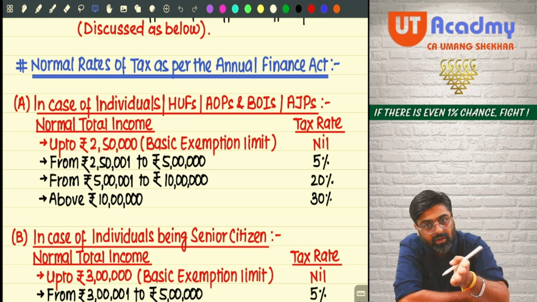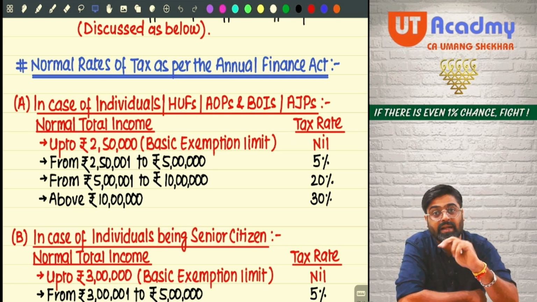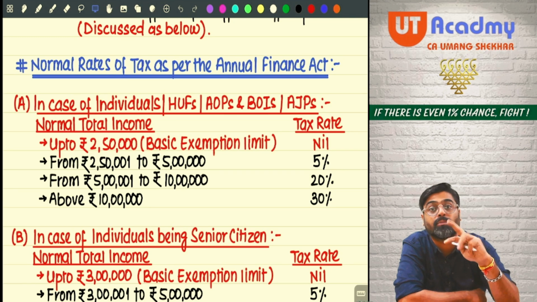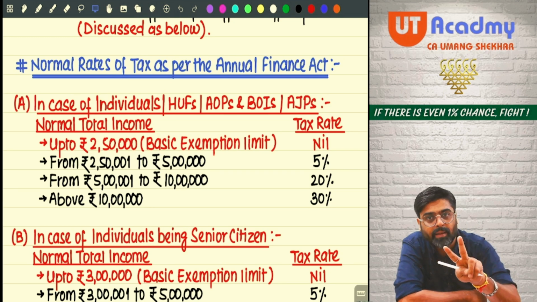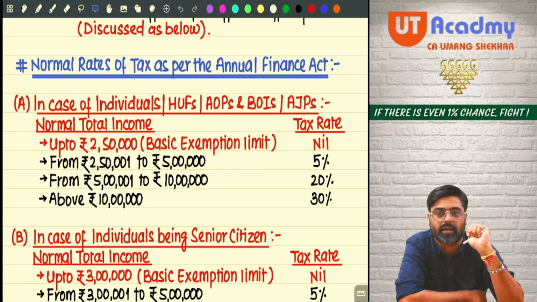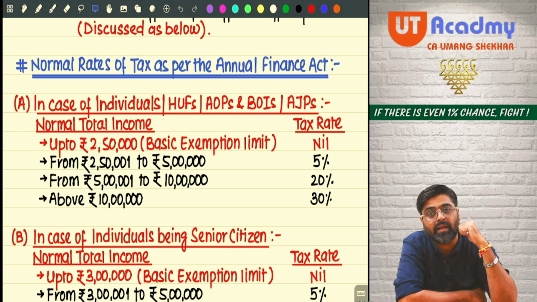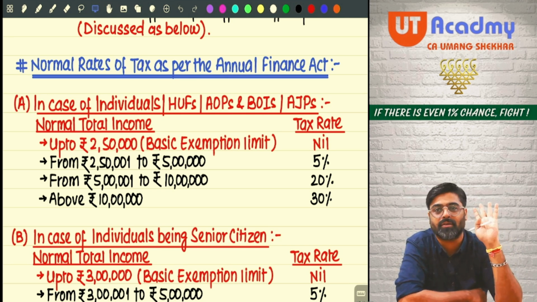Then 5 lakh to 10 lakh, that is another 5 lakh rupees, you are supposed to pay 20% tax amounting to rupees 1 lakh. And how much is the total income? 12 lakh. So how much total income goes beyond 10 lakh? 2 lakhs. That will be taxable at 30%, amounting to 60,000.